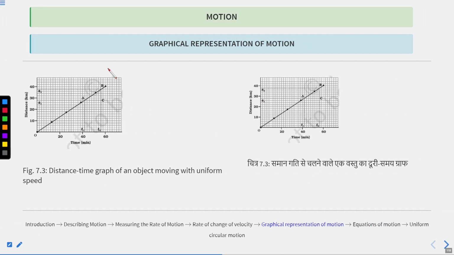This is an example of a distance-time graph of an object moving with a uniform speed, and whenever any object moves with a uniform speed, the slope, or this line, comes out to be a straight line.